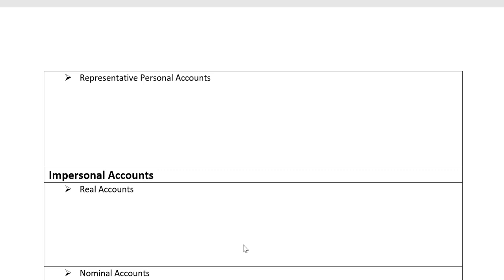The examples are capital account, like owner's account, because capital account is representing owners. We can write it as outstanding expenses account.